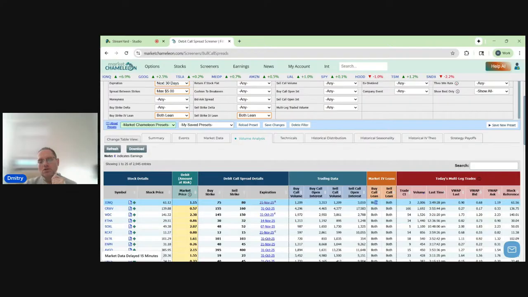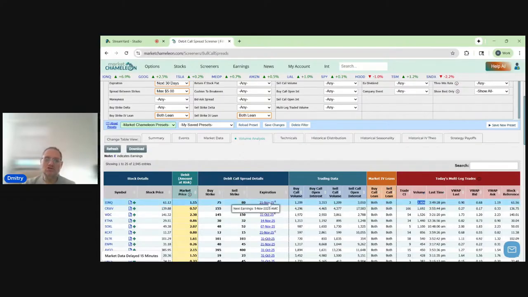But these are shown that there's competitive markets in both of these options, and there was already trading activity in here because you could see each of these options, there was actually a spread in here that traded. So I'm going to click on this and navigate to the options chain. We're going to take a look at that.